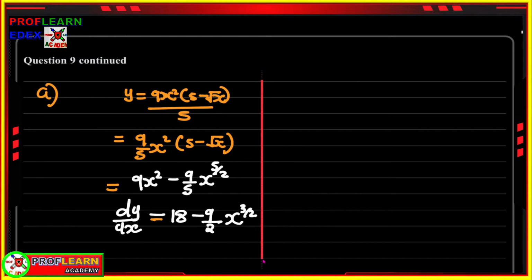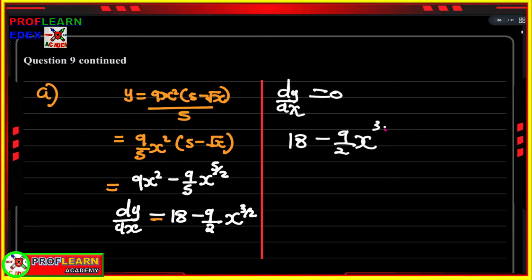Yeah. So now taking whatever we have here, at the stationary point dy dx is equal to 0. So we shall say 18 minus 9 over 2 x power 3 over 2 is equal to 0. So we can say 18 is equal to 9 over 2 x power 3 over 2.